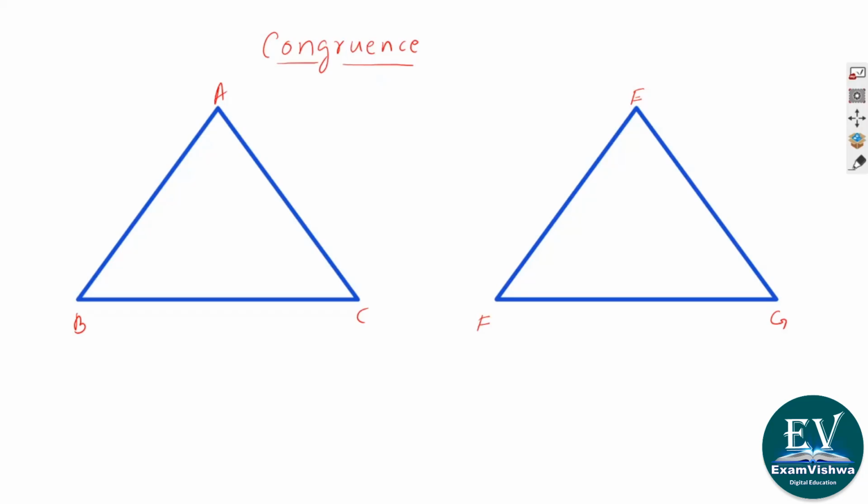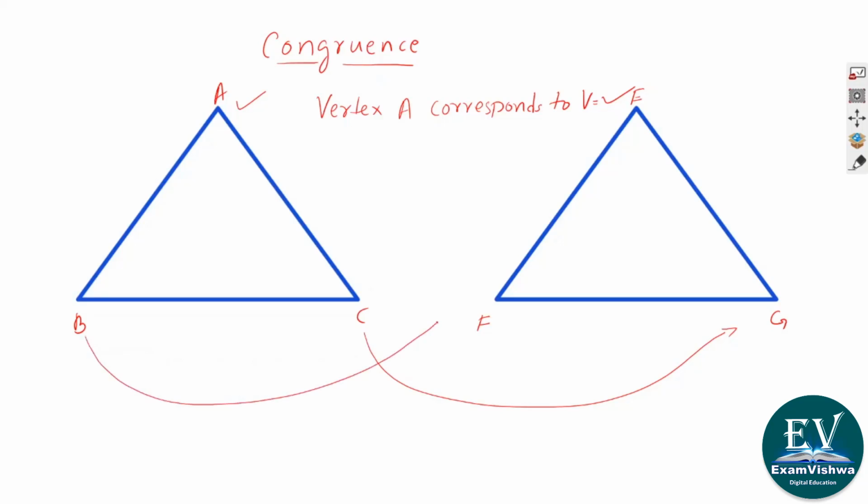We know that in these two triangles, vertex A corresponds to, taking the same position as, vertex E. I am using the word vertex, another term related to triangles. In the same way, this particular vertex corresponds to vertex G, and B corresponds to vertex F. We write the correspondence of two vertices like this: A corresponds to E. We have studied this.